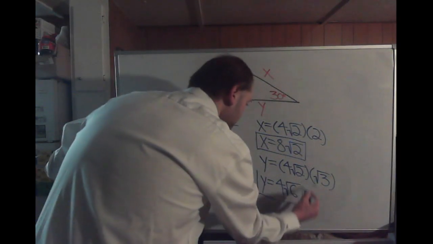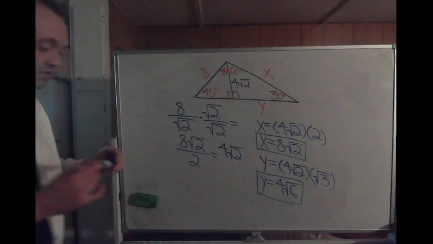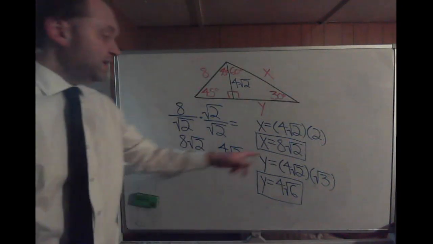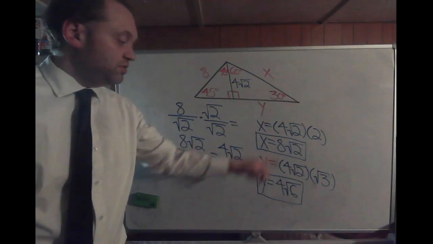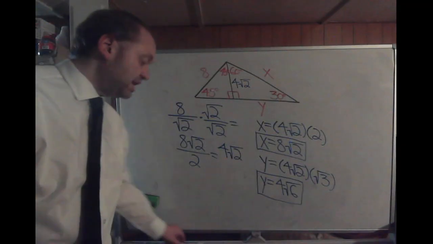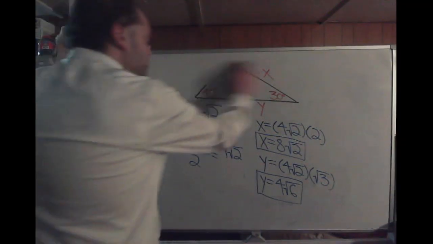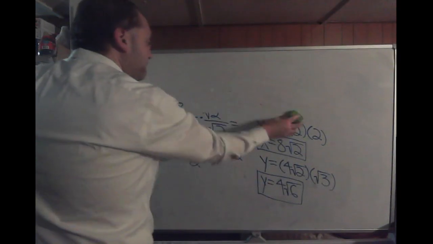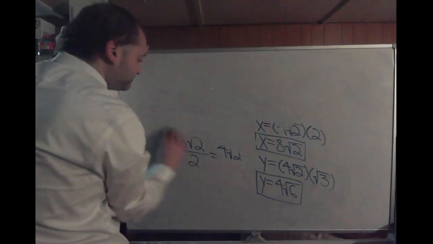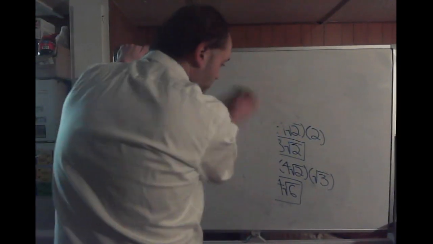And the square root of 6 doesn't break down any further. So the length of x is 8 times the square root of 2. The length of y is equal to 4 times the square root of 6. So this was a fun one. We had both types of triangles combined into one. And I got just one more problem, then we're done.